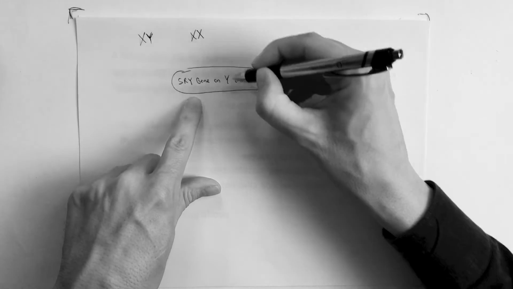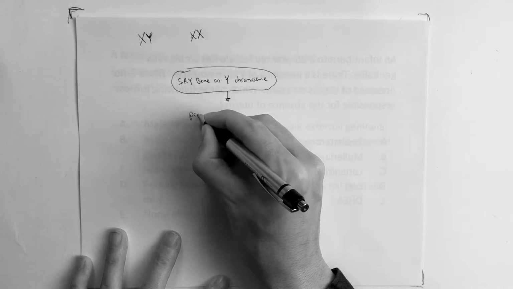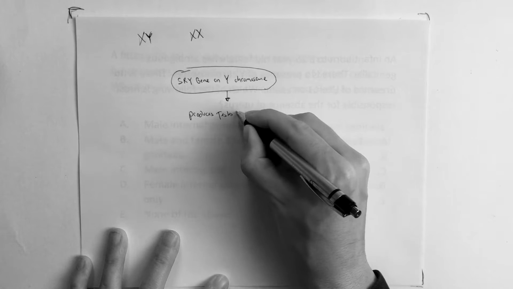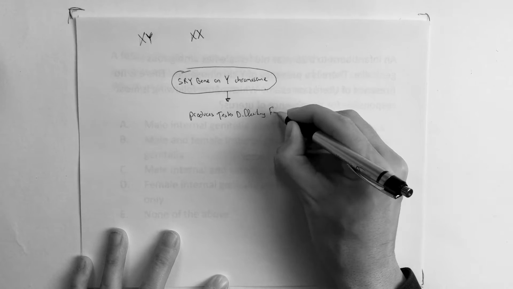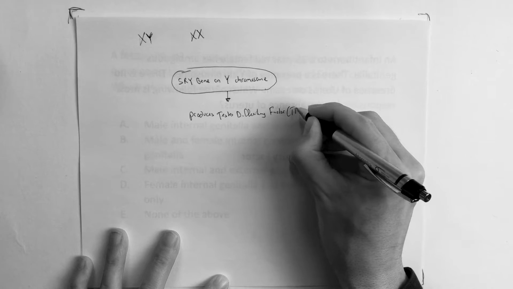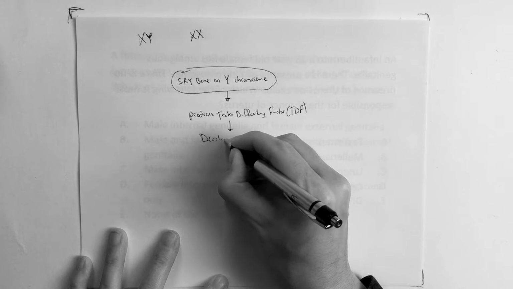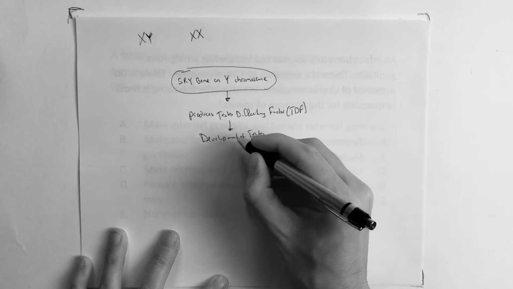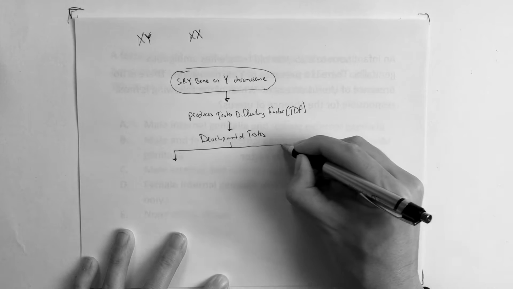So it's the SRY gene on the Y chromosome that produces testes differentiating factor, TDF we'll call it, and that, of course, leads to development of testes. And this is where you've got to start memorizing a little bit.